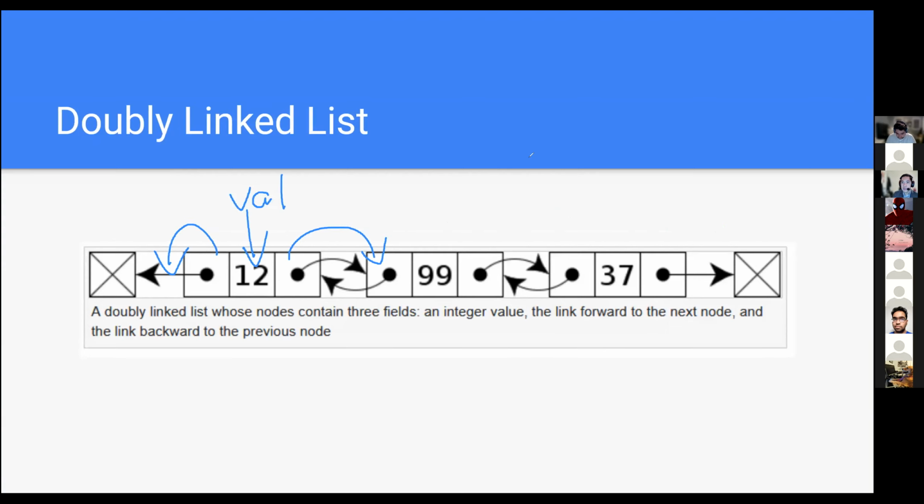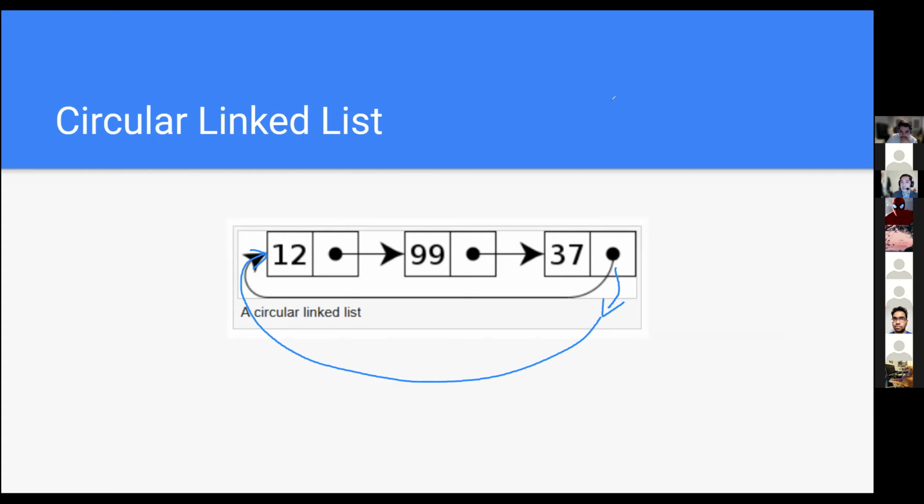Then we have a circular linked list, which is very easy to understand. It's like a singly linked list, except at the end, the last node has a reference to the first node, which makes it circular.